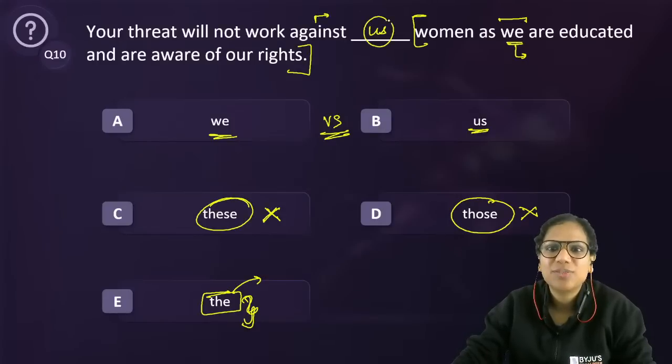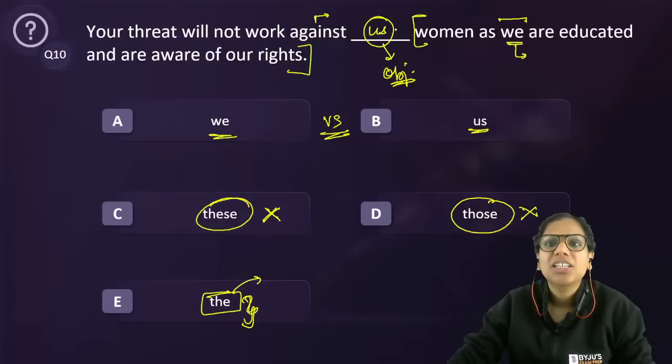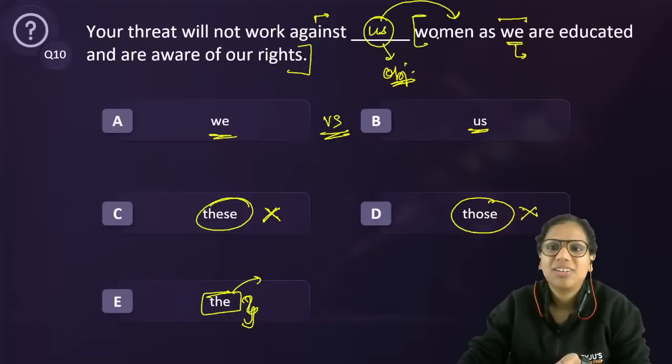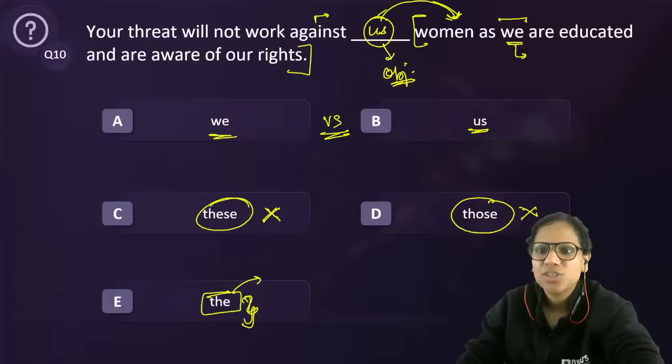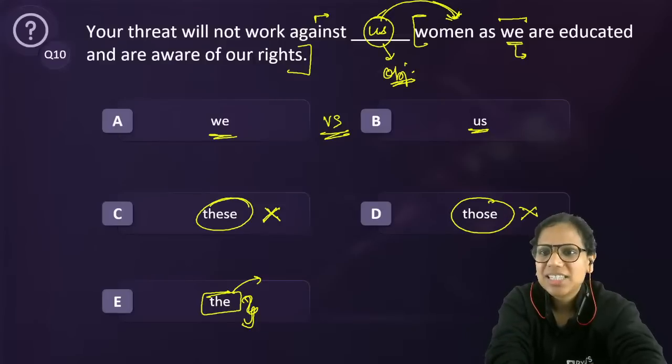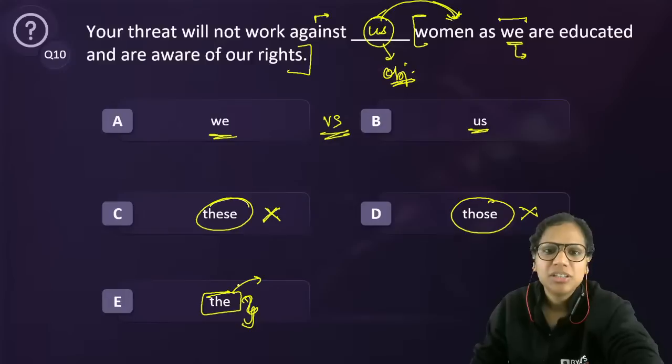Against is a preposition, and after a preposition, we use the objective pronoun. So, this is just a description of us. कौन है us? Us women. Us actually refers to women here. So, this is the noun for which I'm using this pronoun. Make sense to everyone? It should be us, not the women.